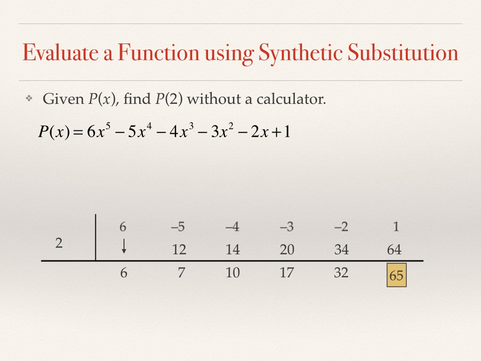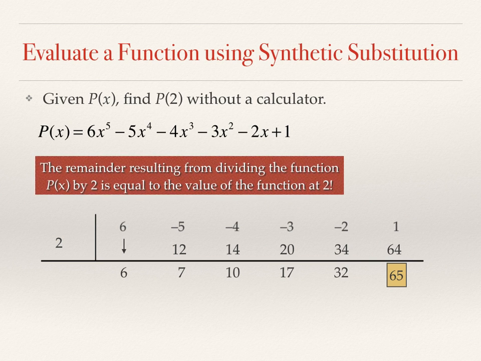That is my remainder. Therefore, for the given function p of x, p of 2 will be 65. The remainder resulting from dividing the function p of x by 2 is equal to the value of the function at 2. So my claim is that p of 2 equals 65.